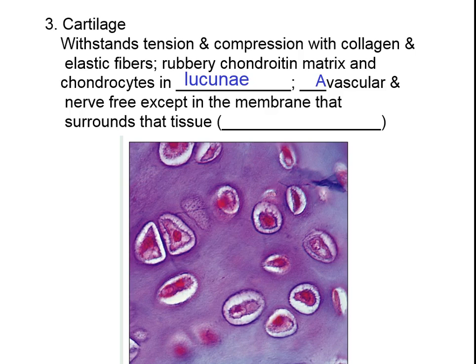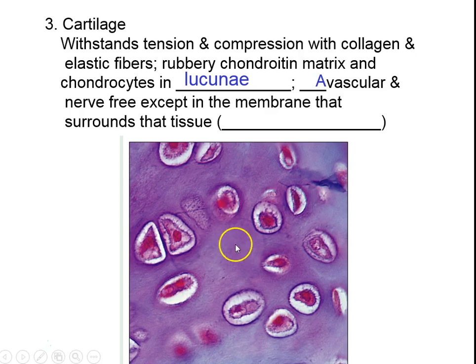So in this connective tissue, cartilage, you would see no blood vessels or nerves, but if there was a membrane around the cartilage, that's where you would find the blood vessels that feed the cartilage, and that's where you would find nerves to monitor the environment and send sensory information.